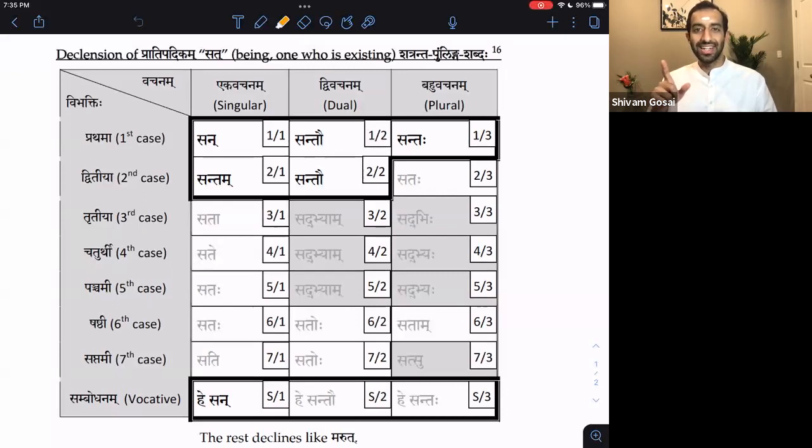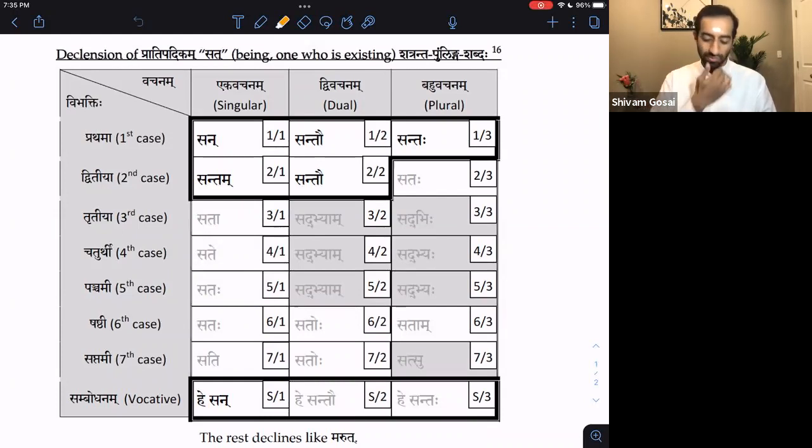Then sate, sadbhyam, sadbhyaha. Fifth case, sataha, sadbhyam, sadbhyaha. Sixth case, sataha, satoho, satam. Seventh case, sati, satoho, satsu. He san, he santau, he santaha.